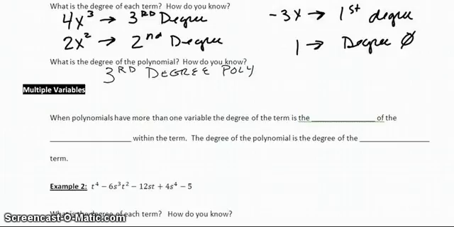So let's look at polynomials where we have multiple variables, more than one letter. So when a polynomial has more than one letter, like 3xy, the degree of the term is the sum, we're going to add them up, of the exponents of that particular term.